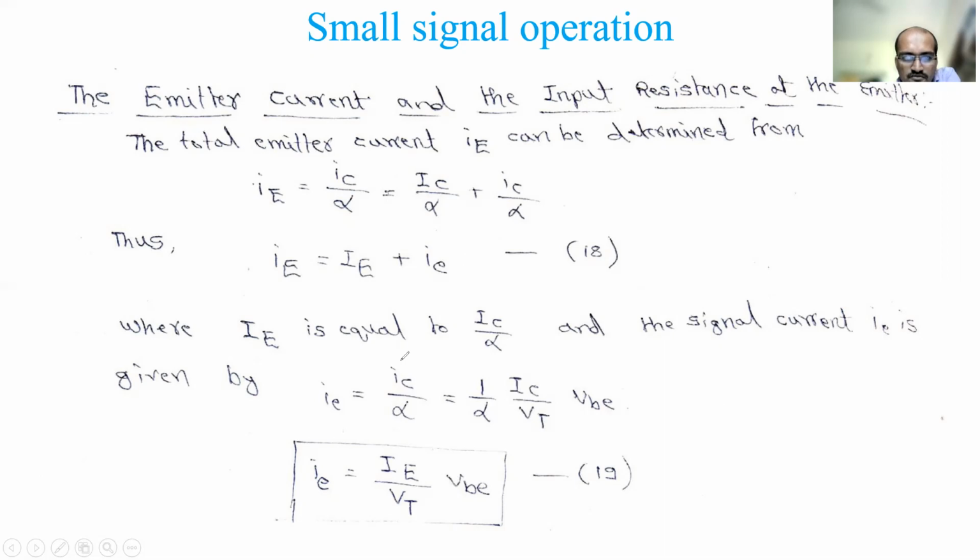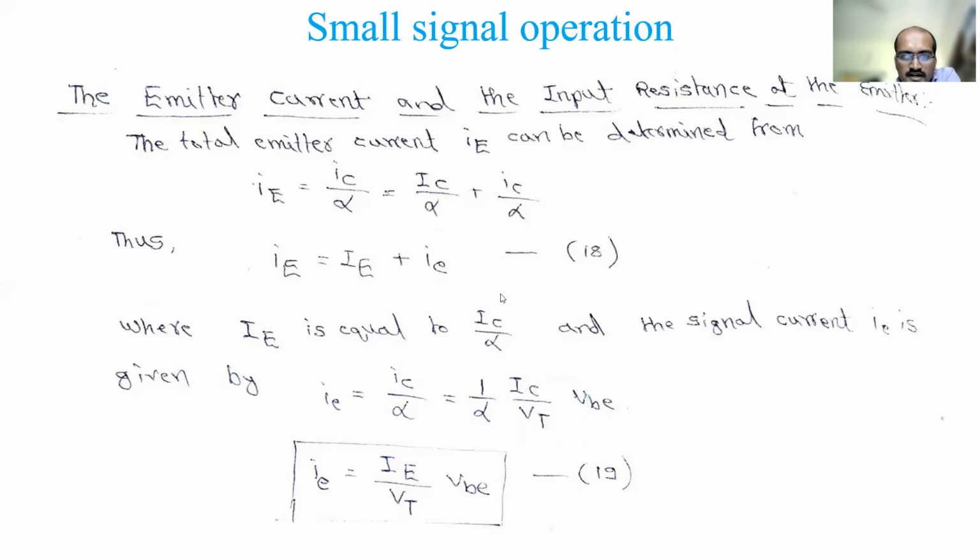First I substituted the IC value here, that is this one. Then this IC by alpha is nothing but IE, so I have substituted that in the numerator here. What is remaining? VT is in the denominator and VBE is there. So this is my emitter current. So no need to crack your head much. Clear?